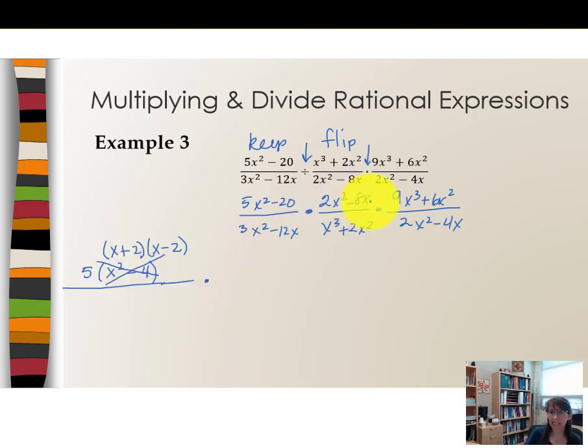2x squared minus 8x. It looks like 2 and 8 would have a common factor of 2, and there's also a variable of x. So I'm starting with 2x as a common factor, and that would leave x minus 4 in the quantity.